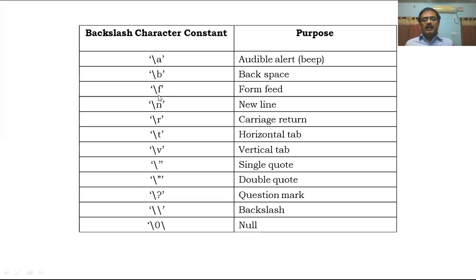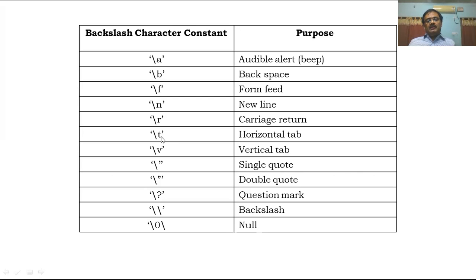Backslash f is for form feed. Backslash n is used to print the content in the next line. Backslash r, and backslash t is the horizontal tab. We know when we press the space bar on the keyboard, a single space is printed on the screen. Backslash t stands for tab.